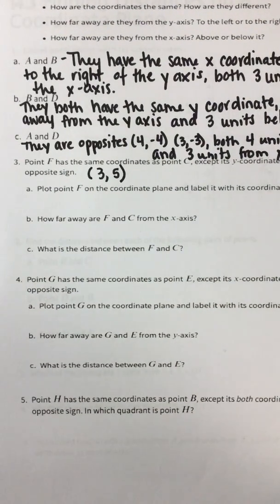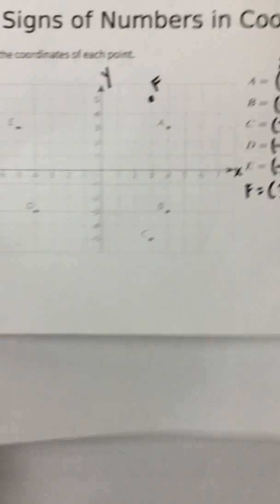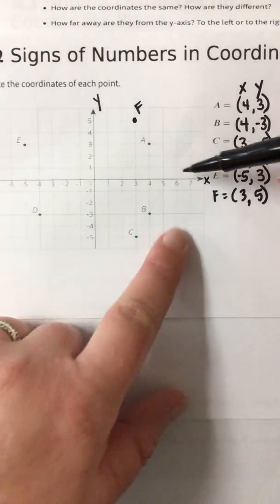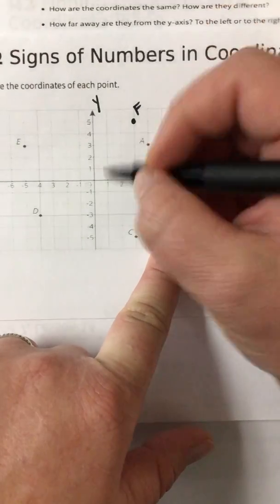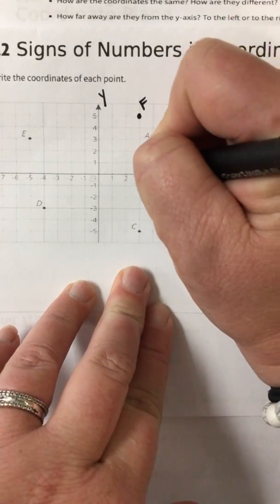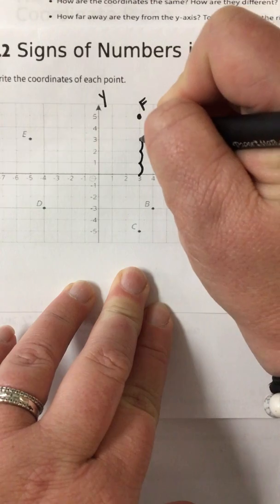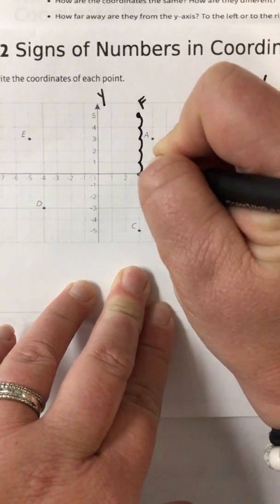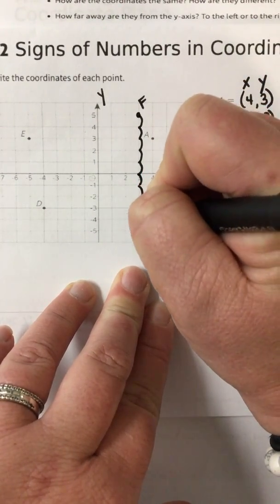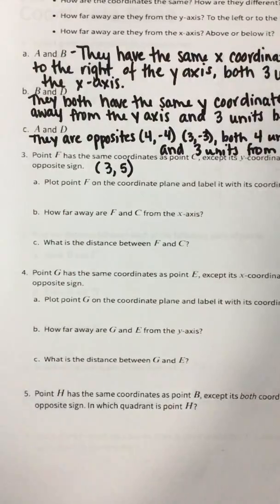And B says, how far away are F and C from the x-axis? All right, here's our x-axis, so if we wanted to know, because that's the absolute value, we're going to hop 5 times and then 5 times.